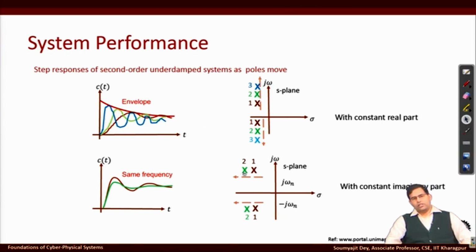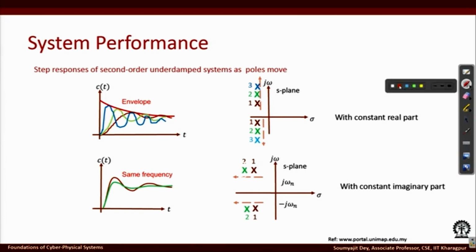Now let's consider the other thing. Let's say the imaginary part remains the same, but the poles are increasing with respect to the negative real part. You are going more towards the negative axis. So with 1, you have these situations marked here with x, and this is the corresponding curve here. And if you look at the other position x, for that you have this corresponding curve here.